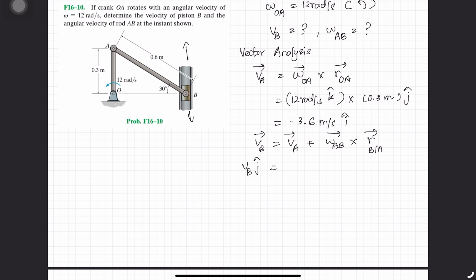So VB j cap equals the VA value, minus 3.6 i cap, plus omega AB, which is unknown yet and is in the k direction, and that will be multiplied with the distance, but this distance has two components. The first component is 0.6 cos 30 degree i cap and minus 0.3 j cap. That is from A to B, so that is why the components are like this.